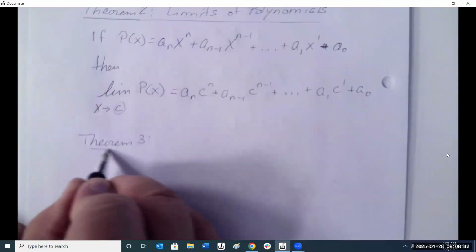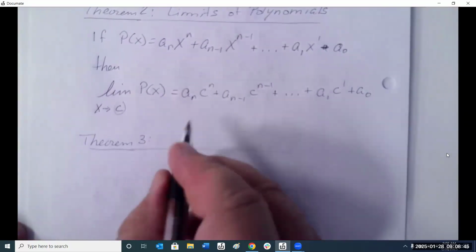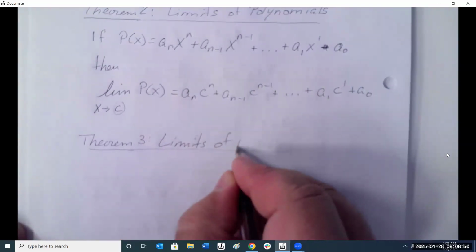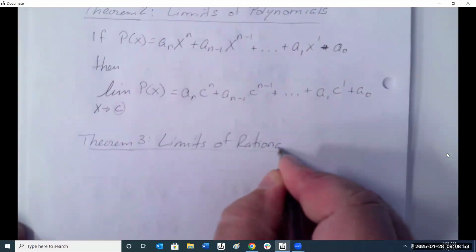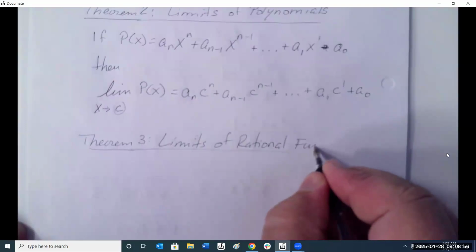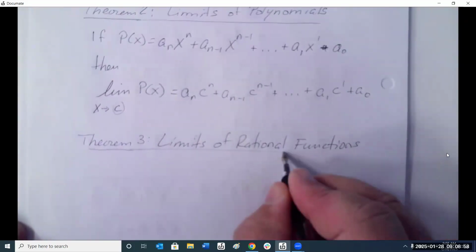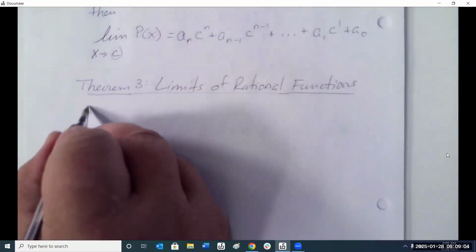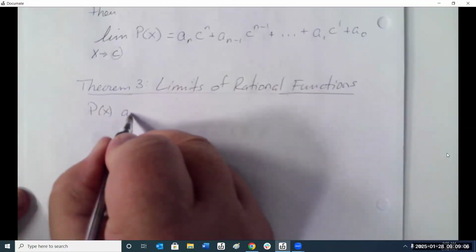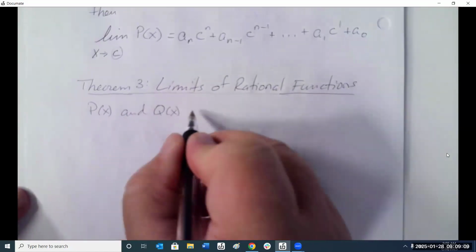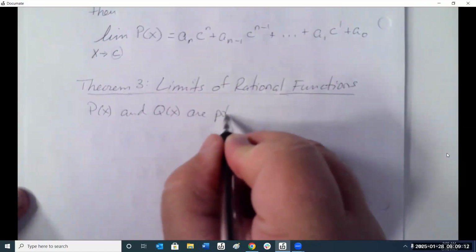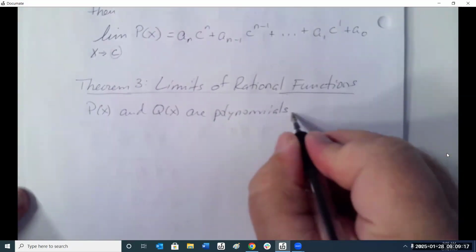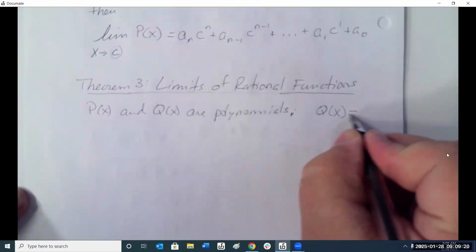Theorem 3. Limits of rational functions. P of x and q of x are polynomials. And of course, q of x cannot equal 0.